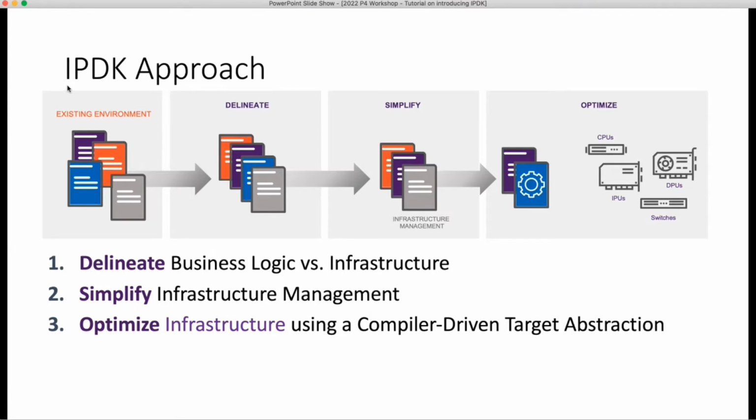And then finally, we optimize using a compiler-driven target abstraction. This way, the code written once can be maximally reused across different types of infrastructure components, such as CPUs, IPUs, FPGA-based IPUs, or switches, as well as other vendors' DPUs.